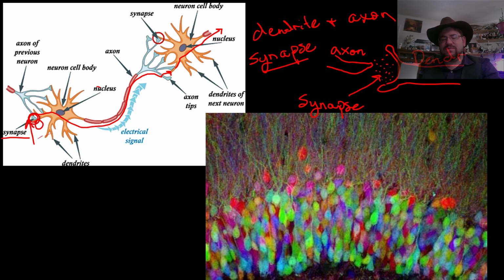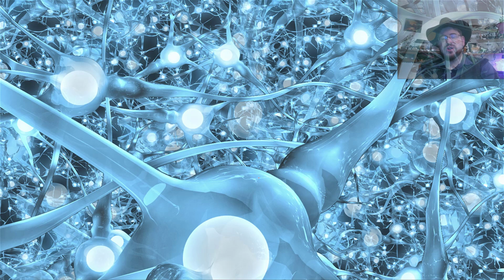This is a very, very small section in which each different color is a different cell body and axon, and they are so densely packed and connected together that it's impossible to really count. And here's an artist's sort of depiction of what you might see if you could look at the neurons in the brain, this dense, branching, interconnected system.